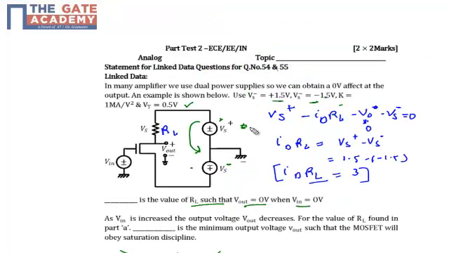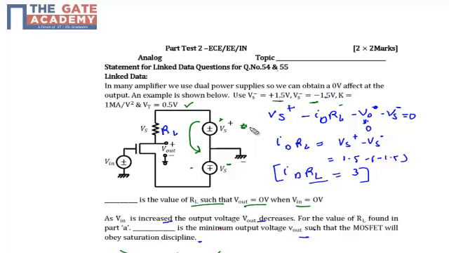In the next problem, the question says that as Vin is increased, the output voltage Vout decreases. For the value of RL found in part A, which is 6K, what is the minimum output voltage Vout such that the MOSFET will obey the saturation discipline?